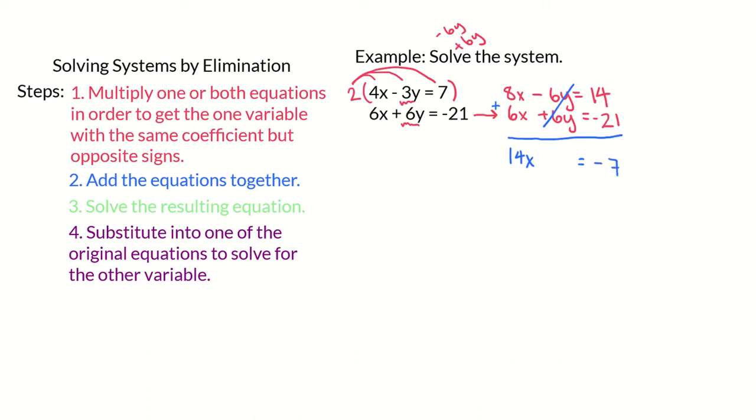So the resulting equation is 14x equals negative 7. And we solve that equation for x. So divide by 14, and we get x equals negative 7 over 14, which reduces to negative 1/2.